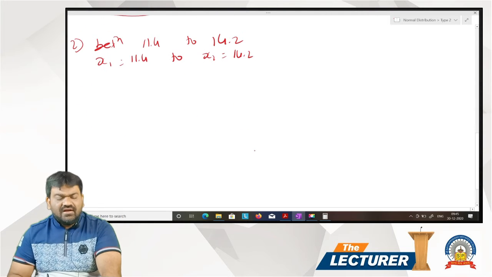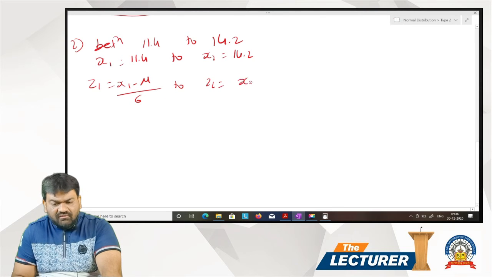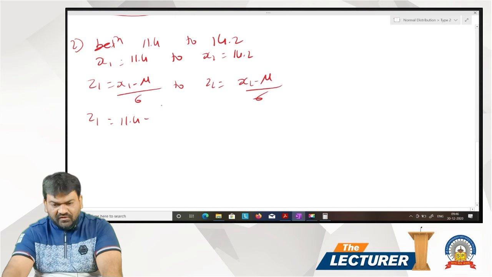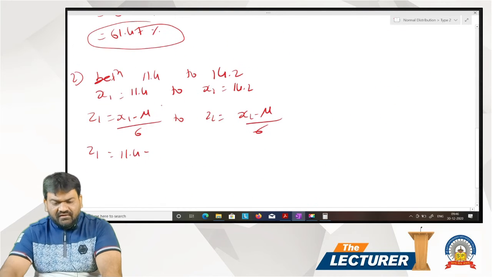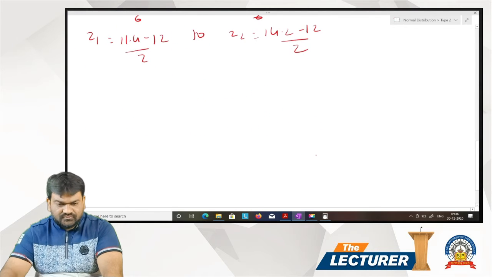Convert x into z, that is z1 is equal to x1 minus mu upon standard deviation, z2 is equal to x2 minus mu upon standard deviation. z1: x1 is 11.4, mu is 12, standard deviation 2. z2 is 14.2 minus 12 divided by 2.